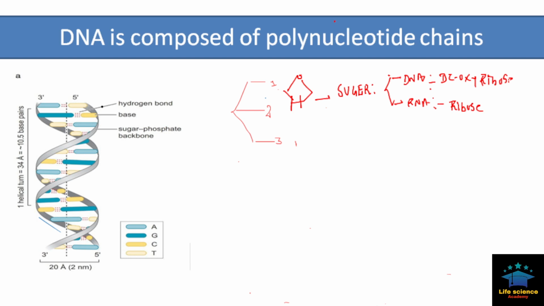So ribose and deoxyribose sugar are required in RNA and DNA respectively. The sugar molecule is hydrophilic in nature. If we talk about phosphate, or you can say phosphoric acid, it is also hydrophilic in nature and present in both DNA and RNA.